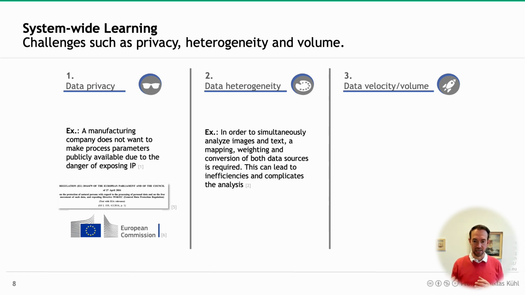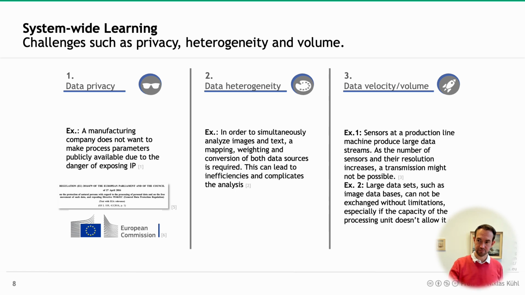We have text data coming from the people working on the machines, writing documentation. We have sensor data coming in, and those are all very fundamentally different data types, and somehow we need to work with that. This can lead to a lot of inefficiencies and complications in the analysis of that data, as you know already. So that's the second big issue.